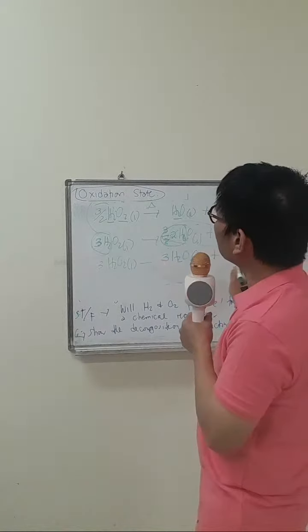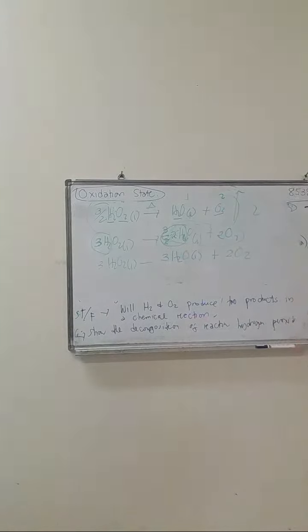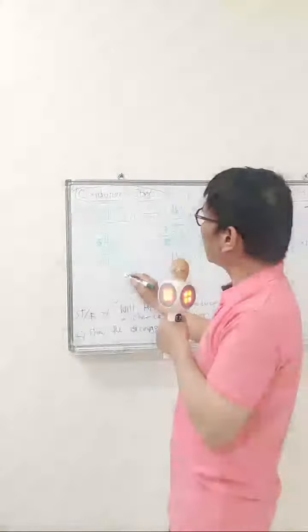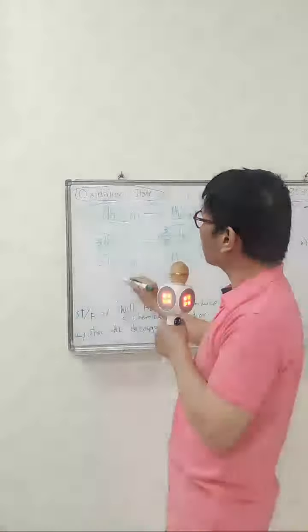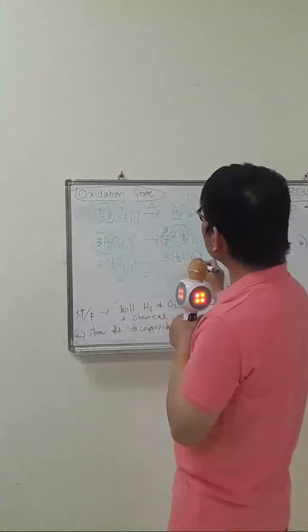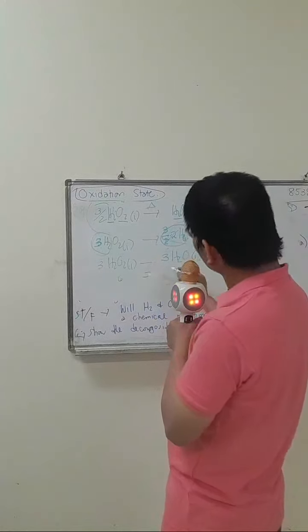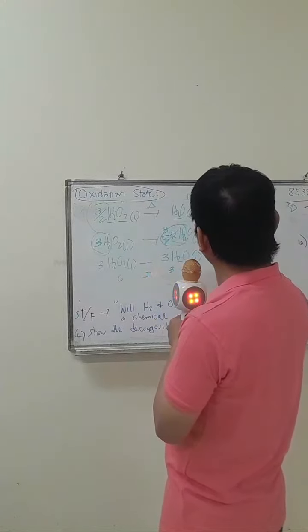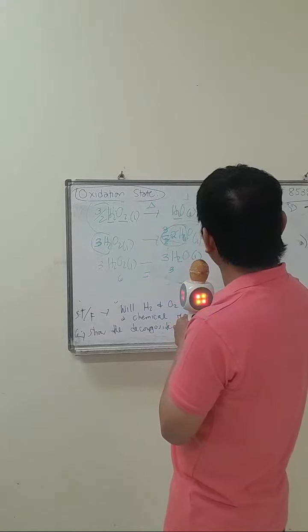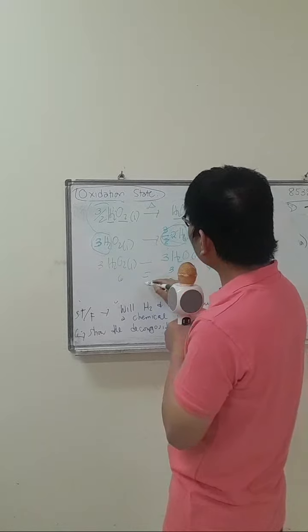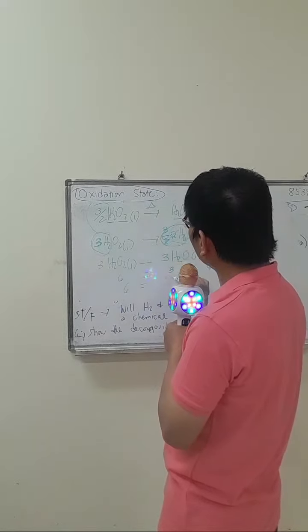Balance the oxygen now, because the hydrogen is balanced. Both have 6 atoms. Now, oxygen on the left side, the reactant, is 6, and the oxygen in the molecule of water is 3, plus the oxygen in the pure element oxygen, which is 4, so 7. So 6 is equal to 7.